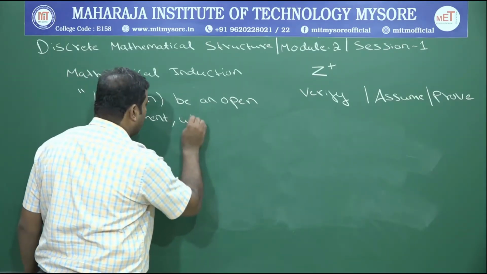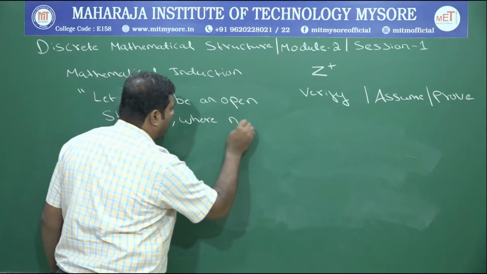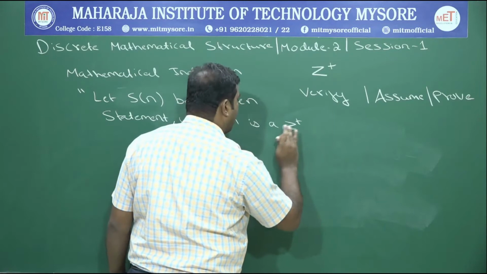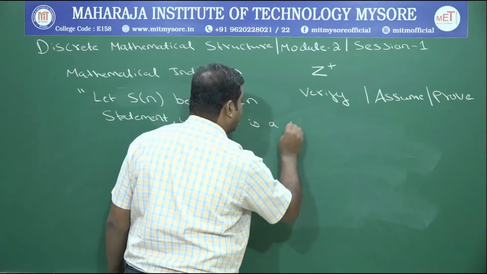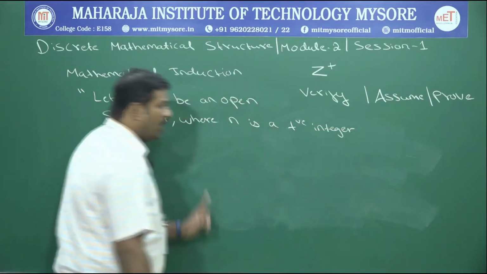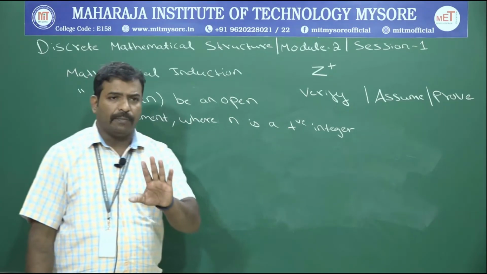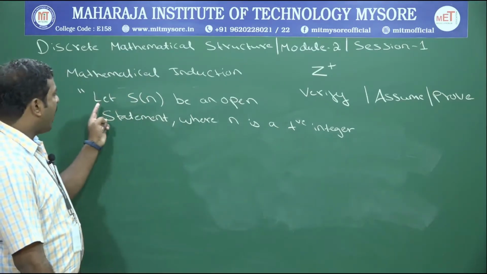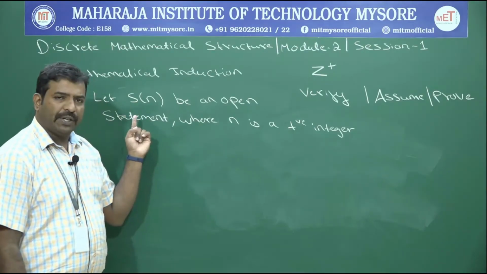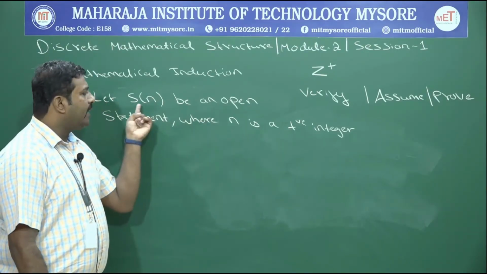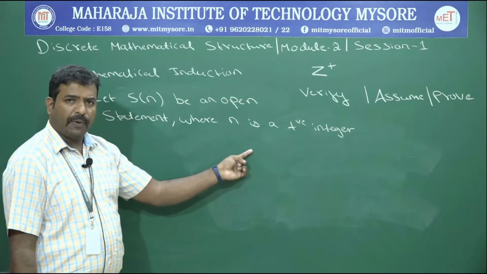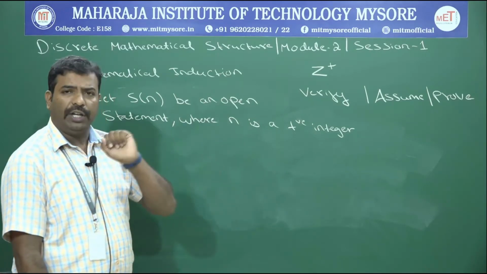You need to make sure n is a positive integer, or I can just say it is a positive integer. Now this is the statement, and the statement is not yet complete. The very first statement is that I am just taking an open statement, making sure that n is a positive integer. Fine. Keeping this in mind, with n as a positive integer, this should hold 3 conditions.